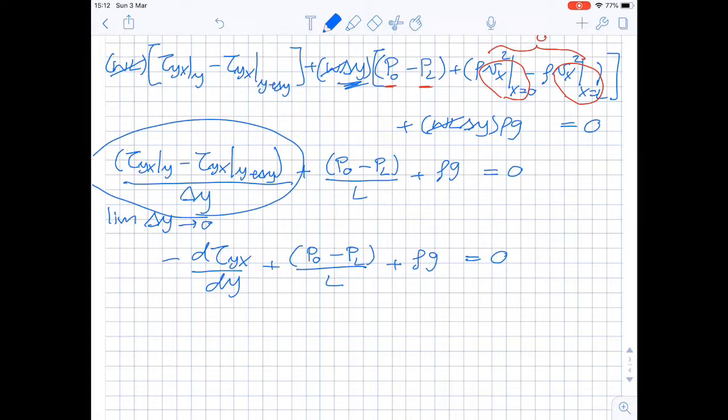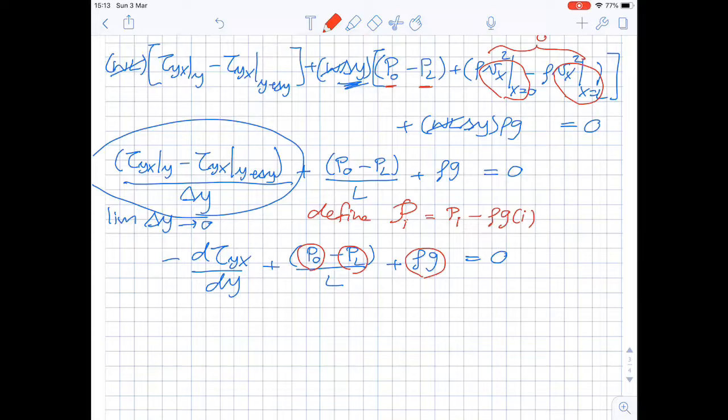And then, just like what we did in the problems earlier, the pressure term here and the gravity term can be combined. If we define modified pressure at i equal to pressure at that position minus rho times g and the position itself.